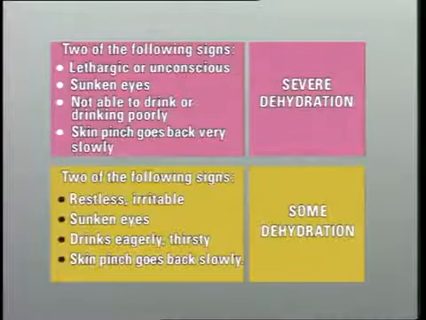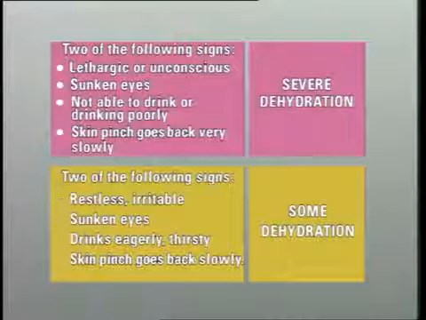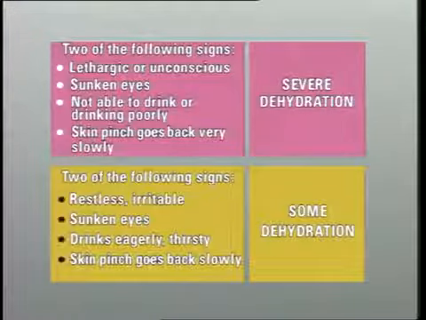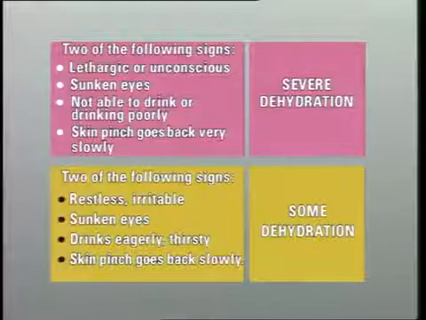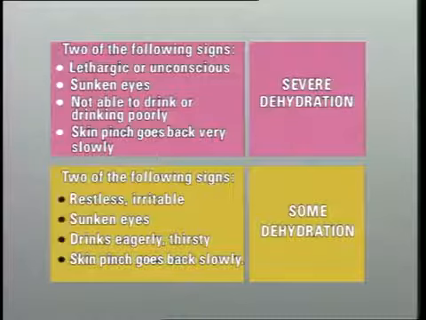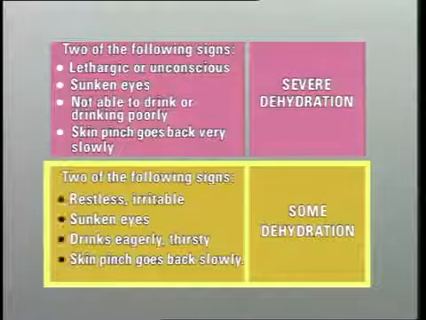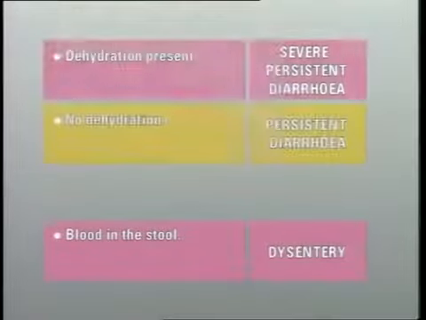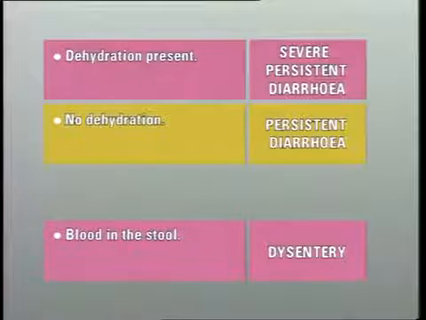His skin went back slowly. This child has more than 2 signs of some dehydration. Therefore, this child is classified as diarrhea with some dehydration. He does not have persistent diarrhea or dysentery.